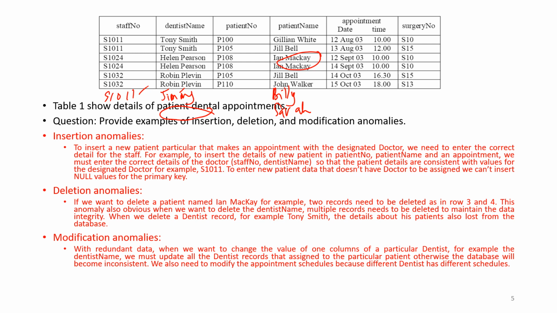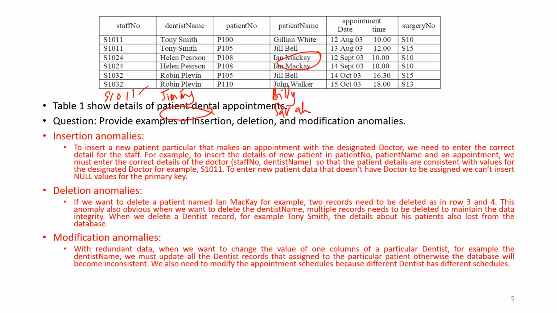So 2 records need to be deleted, as in rows 3 and 4, because there exist 2 records of Ian McKay. This anomaly is also obvious when we want to delete the dentist name. Multiple records need to be deleted to maintain data integrity. We just want to delete Ian McKay, but there are 2 records there, so if we delete Ian McKay, 2 records will be deleted.